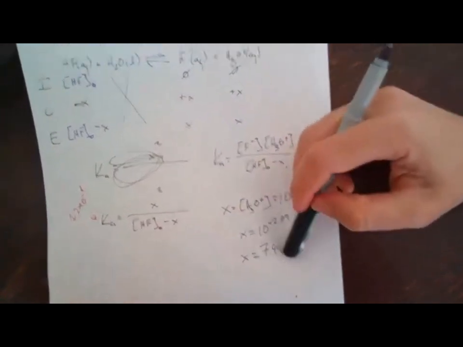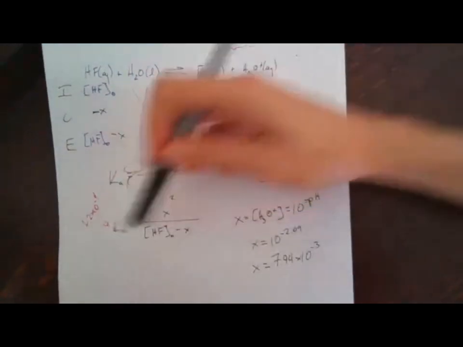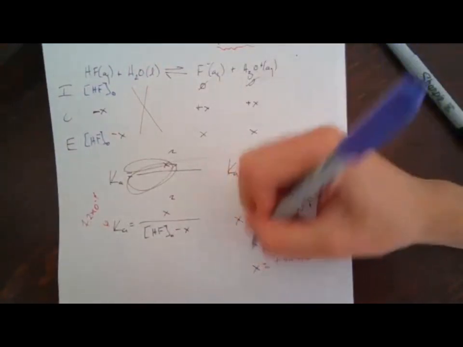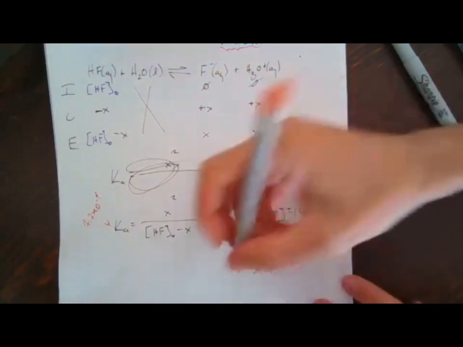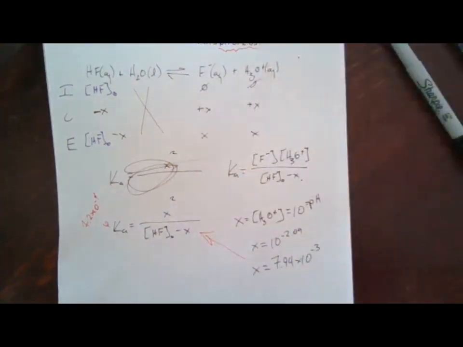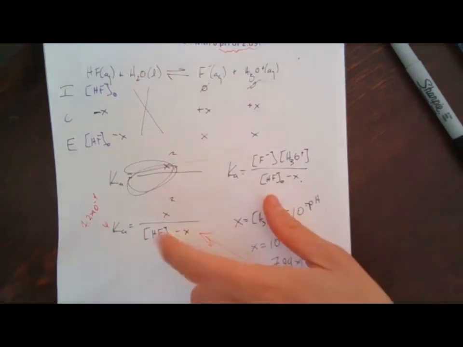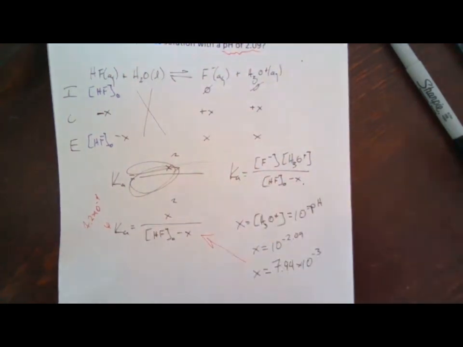So what this tells me is, again, I know what acid I'm using. I know what equilibrium needs to look like, what my target concentration of hydronium is. So then I can plug those values of X into this expression. The only variable I would have left is that initial concentration of HF.